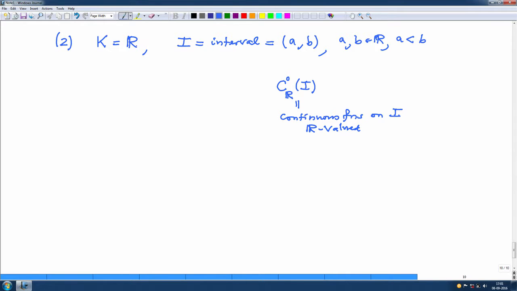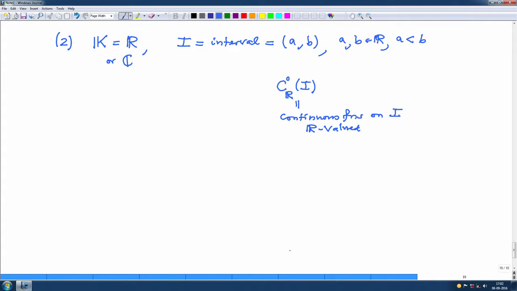So for instance, I could have taken complex numbers, but for illustration I am fixing the real numbers. Strictly speaking, I should have written this standard notation which I had used earlier, double line K, which is either R or even C. But let me stick to real valued.